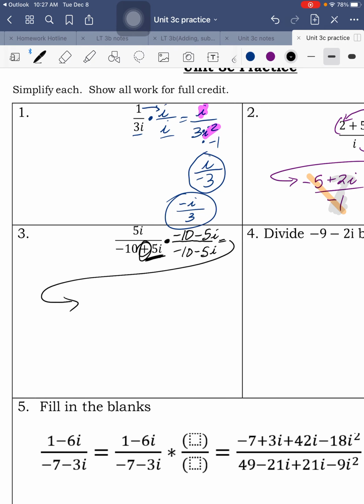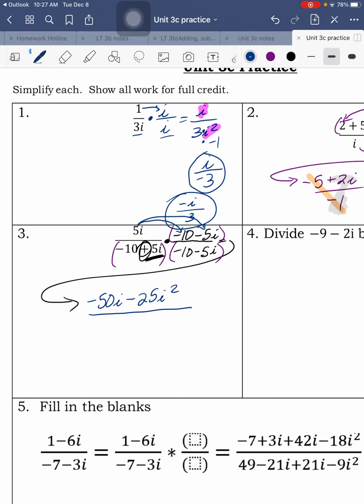All right, when we multiply this out, I put parentheses around any binomial, just to help me think that I need to distribute. So in the numerator, when you multiply the numerators out, we have 5i times -10 is a -50i. 5i times a -5i is a -25i squared. So that's our numerator.